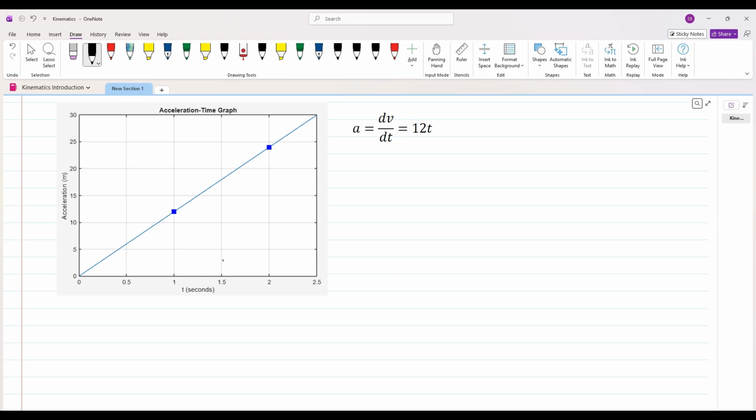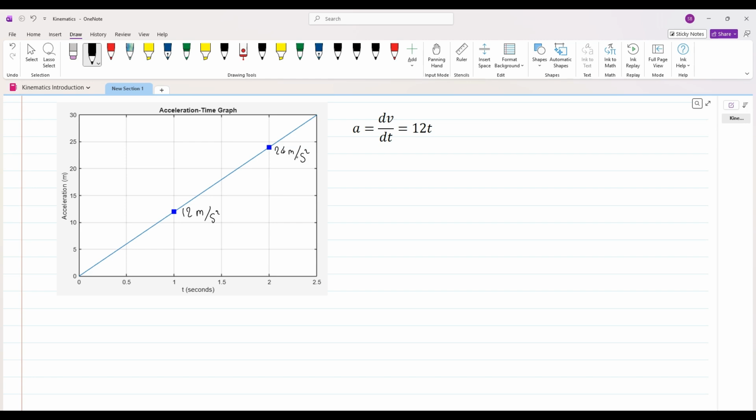At 1 second, the acceleration is 12 meters per second squared, and at 2 seconds it is 24 meters per second squared. Because of such a steep curve, the velocity will become excessive and so cannot go on for much longer. Now we have gone through 2 steps of differentiation, from distance to velocity and from velocity to acceleration.